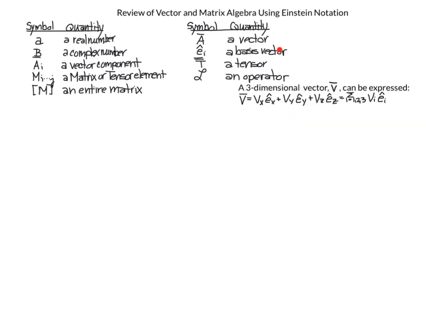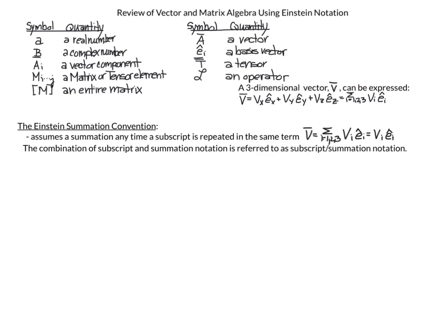So here I have our symbols, and I just moved that note about our 3-dimensional vector expressed in the summation notation over here. And now we'll look at our Einstein summation convention, and that is we're going to assume a summation anytime a subscript is repeated in the same term.